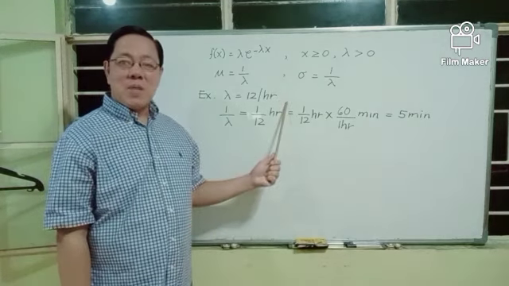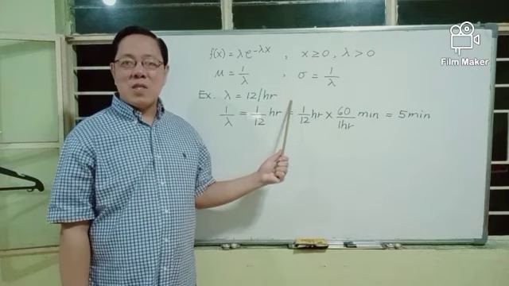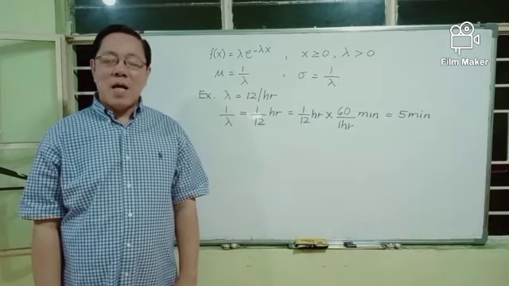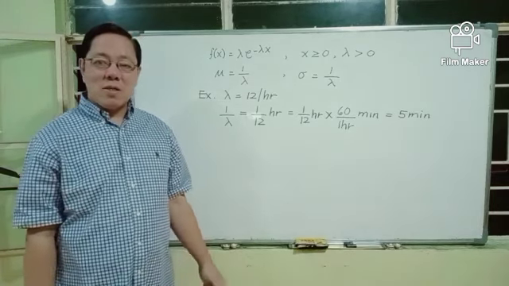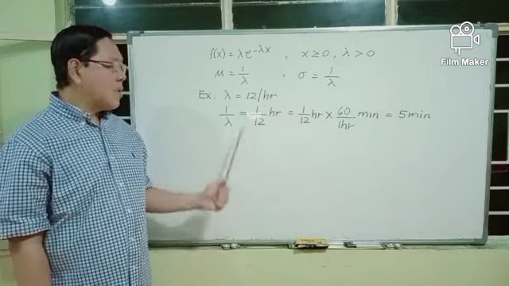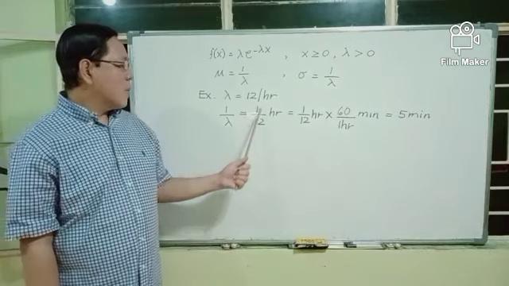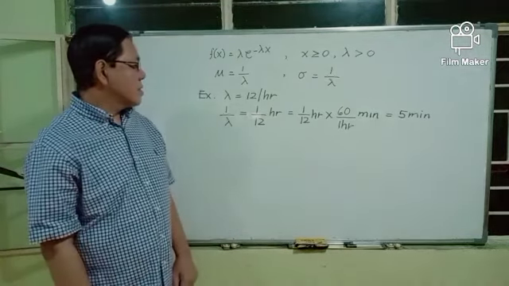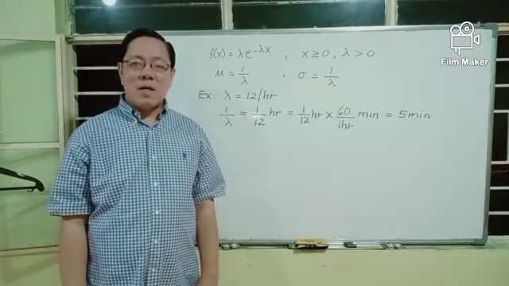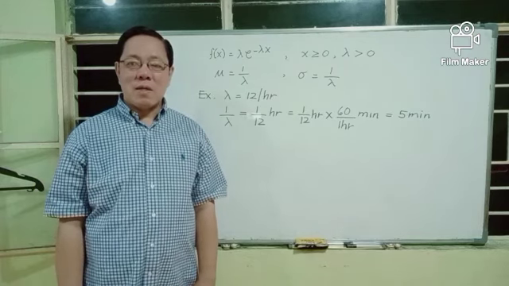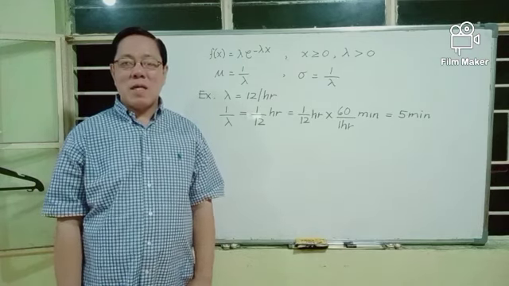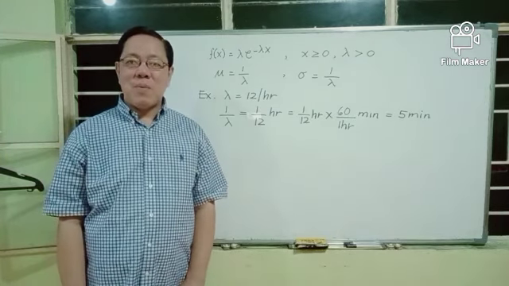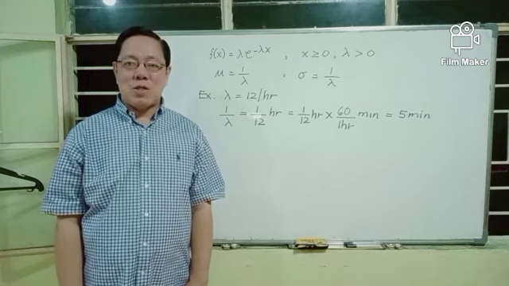The probability that x has this value, 12 patients per hour, is computed using the Poisson probability distribution. The average time between the arrival of two patients in that emergency room is given by 1 over lambda, 1 over 12 hour, or 5 minutes. And the probability of the time between the arrival of two patients being 5 minutes is described by the exponential probability distribution.